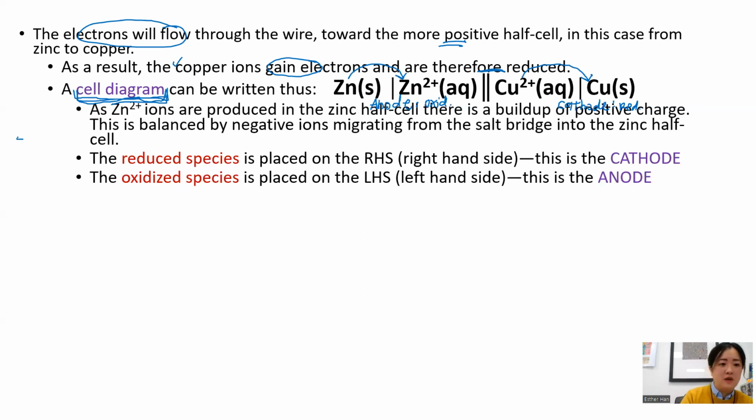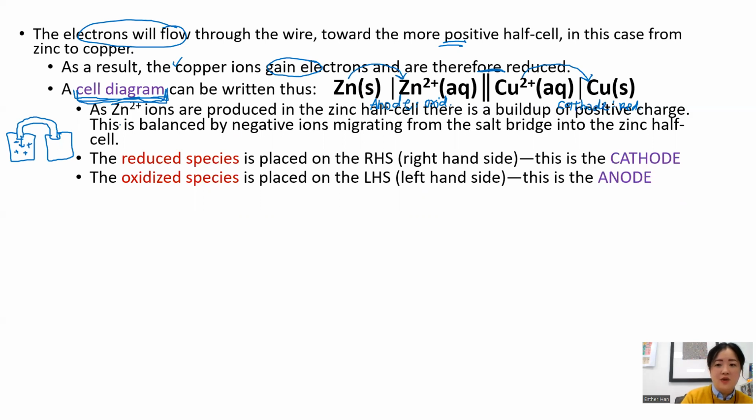So remember that little salt bridge that is connecting our two different half cells, that filter paper. To balance out the buildup of all these extra positive charges, negative charges are going to flow out into this solution.